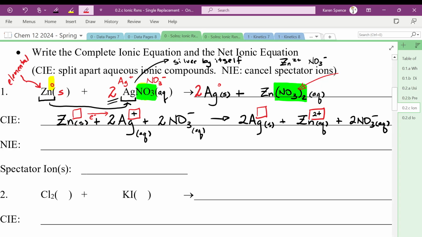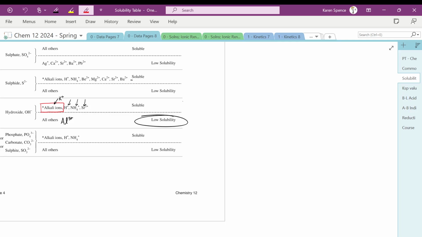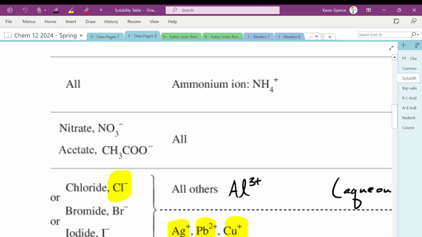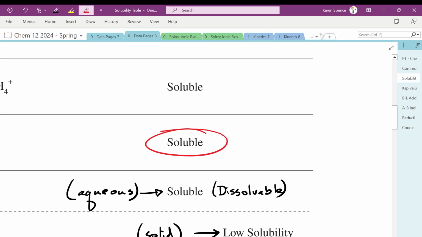You just have to look at the compound, and then you would go back to your data pages and say, this is all taking place in a beaker with water, okay? And if it's all taking place in a beaker with water, and I have nitrate pairing up with zinc or anything else, it's going to be soluble.